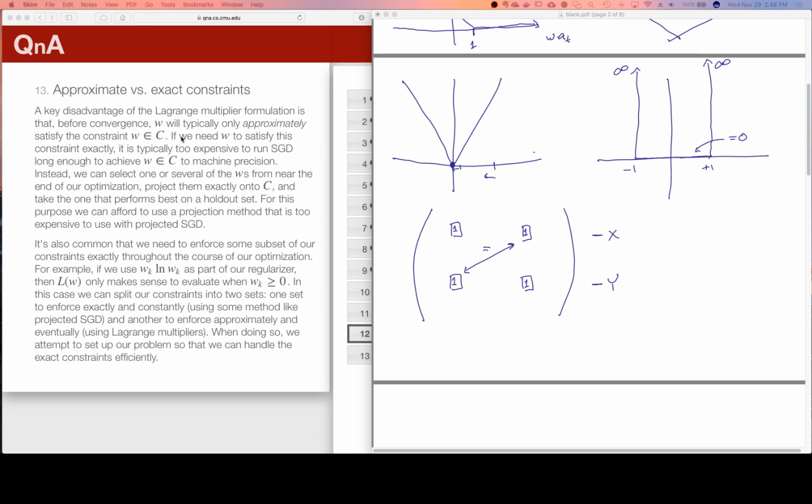That could be inconvenient if you want, for example, a hard sparse vector W, or if some of our loss terms only make sense to evaluate for non-negative W, or some other reason like that. So the advantage of Lagrange multipliers is that they can handle a much wider range of constraints. The disadvantage is that they're more complicated to implement and that they only satisfy the constraints in the limit.